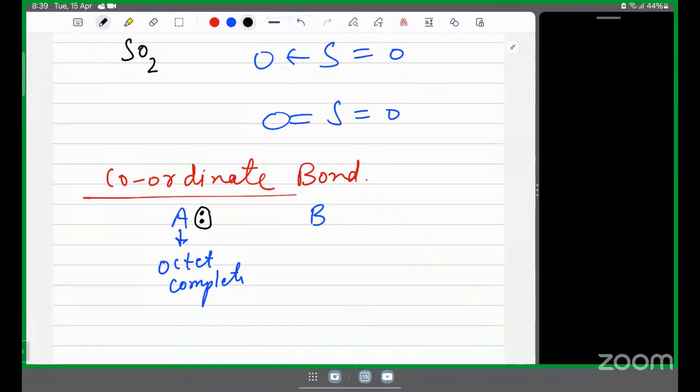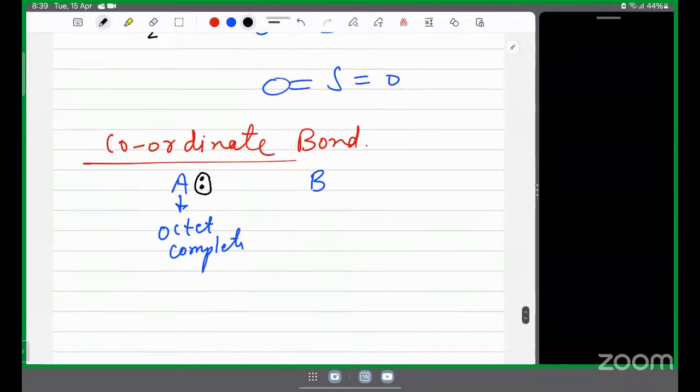In coordinate bond, electrons are given in pairs, not as a single electron. If they are forming a coordinate bond, 2 electrons or 4 electrons will be given.